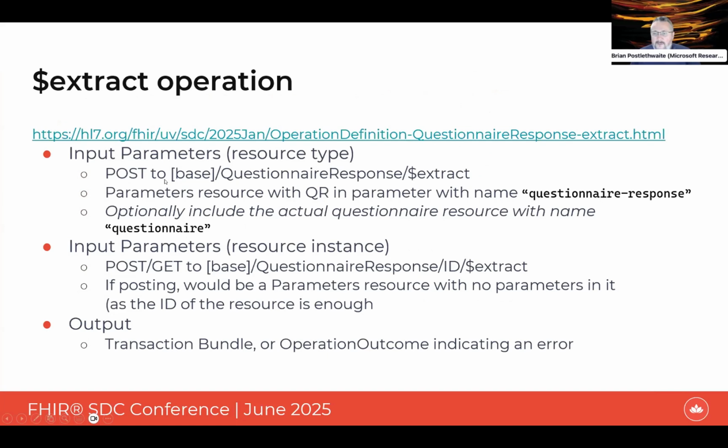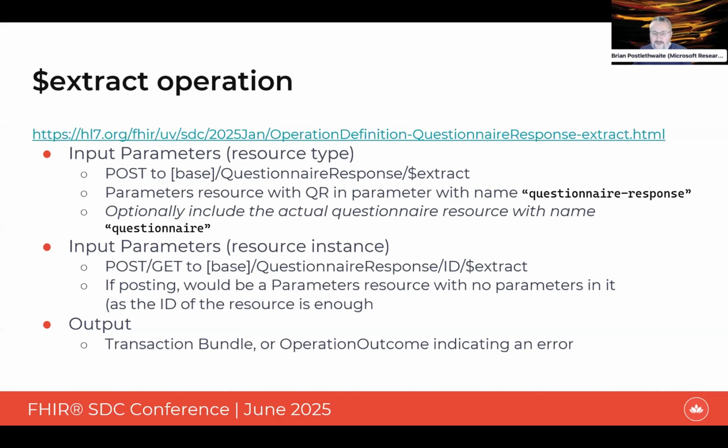So the extract operation itself can either be sent directly to the questionnaire response, and you post the questionnaire response to it. This is really useful if you've got a service which isn't storing the questionnaire responses, but just processing them for extraction. You can also pass the questionnaire in with that as well. So the actual extraction service doesn't even need to know either of those two things to perform its work.